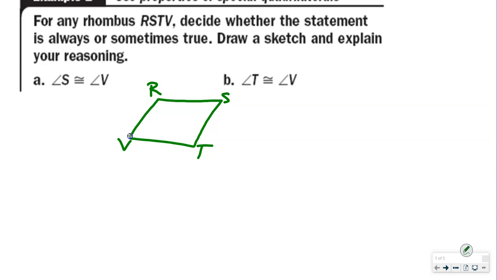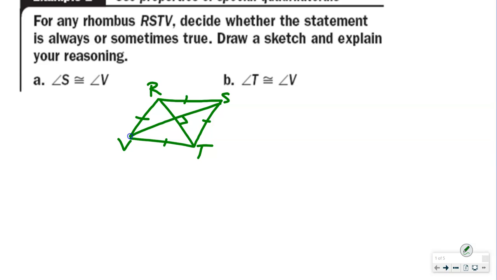Now remember what we know about rhombuses: 4 congruent sides, diagonals are perpendicular, and each diagonal bisects a pair of opposite angles. So we know 4 sides are congruent in our rhombus. We know diagonals are perpendicular. And we know that those diagonals will bisect the angles that they go through.